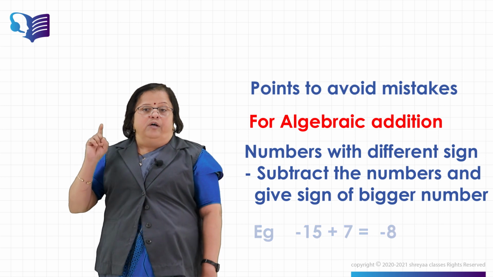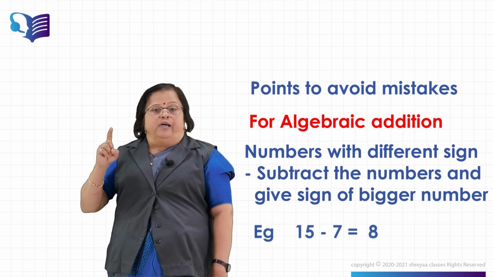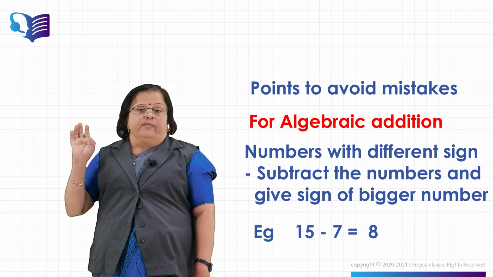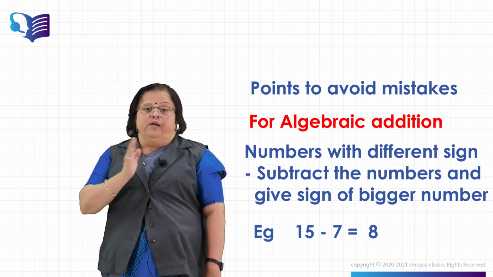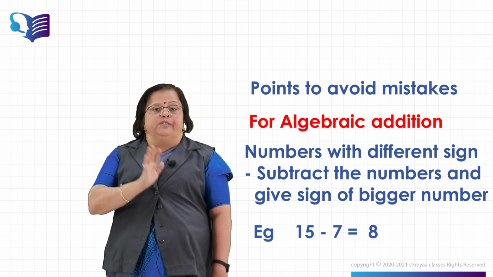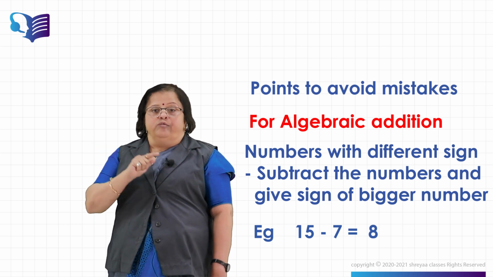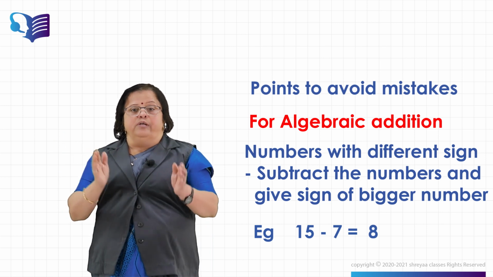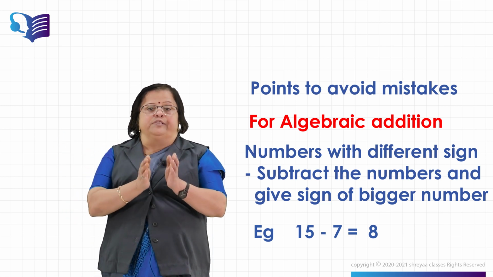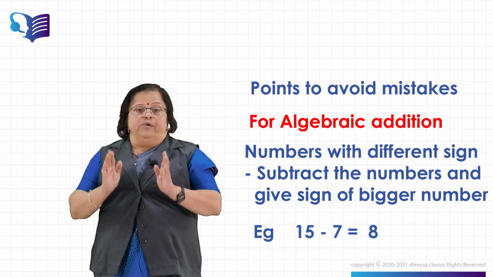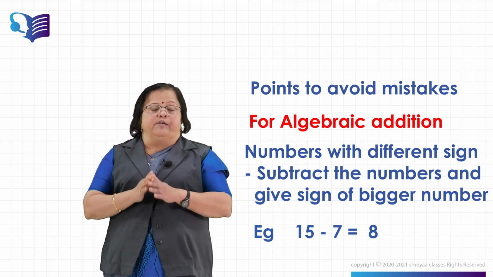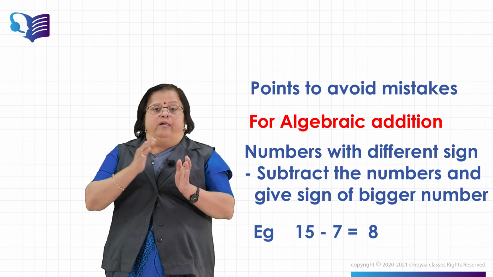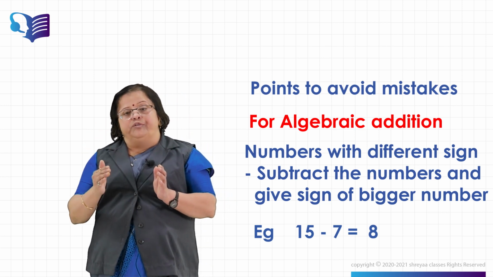Understood? Now if we write 15 minus 7. Behind 15 no sign, that means it is positive. So here again the two signs are different. It is actually a normal subtraction in first or second standard, but try to understand in an algebraic way. 15 has positive sign, 7 has negative sign.